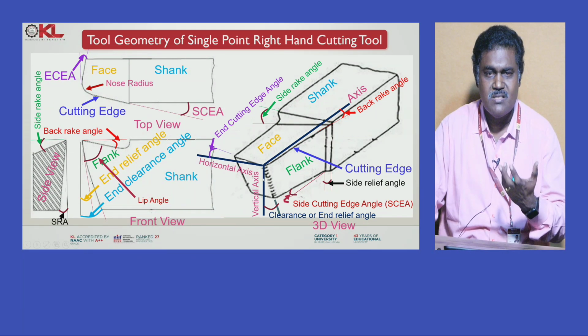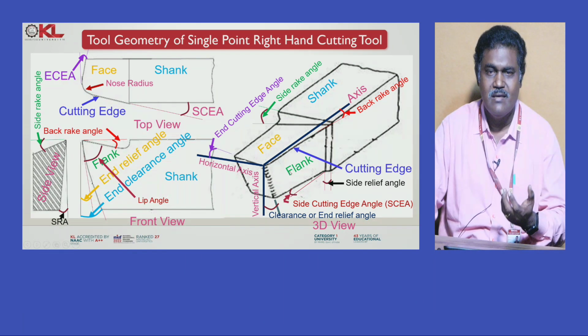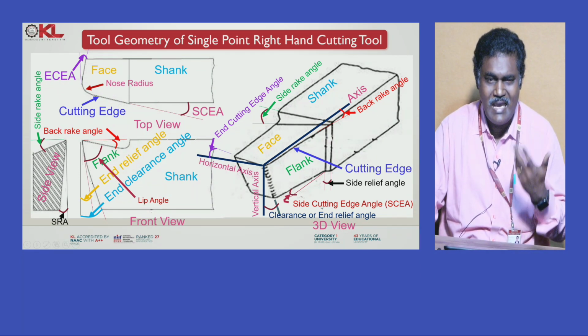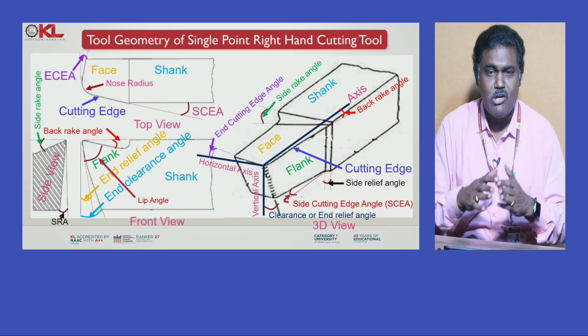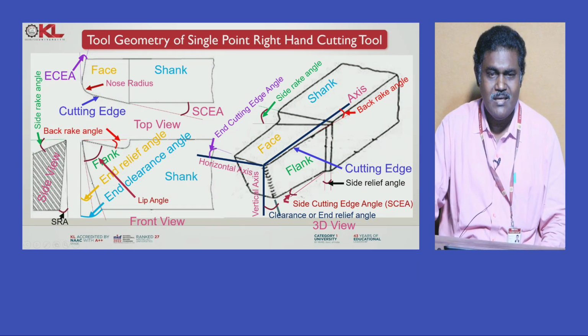The main parts of the single point cutting tool are the shank, face and flank, and the edges, cutting edge, and the different angles are shown in this. So all these you can call the nomenclature of the single point right hand cutting tool.